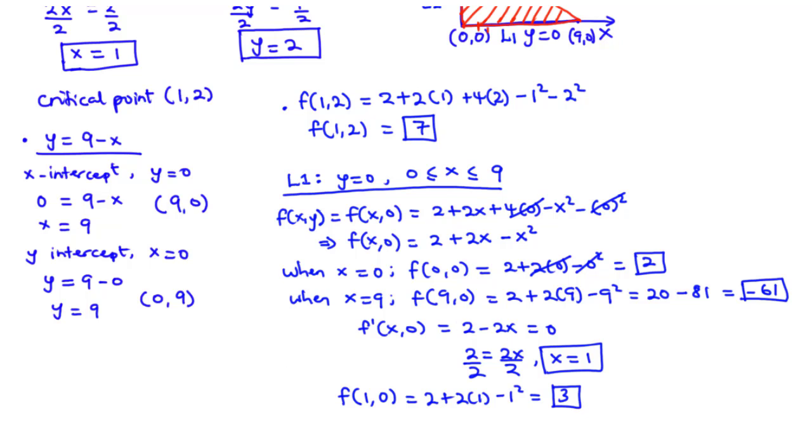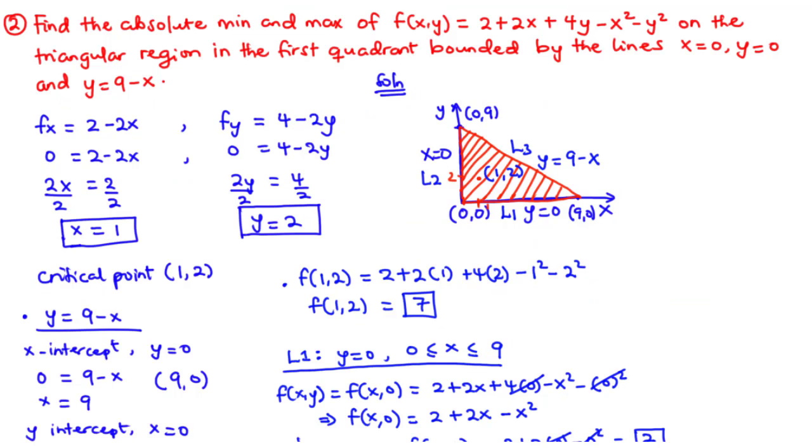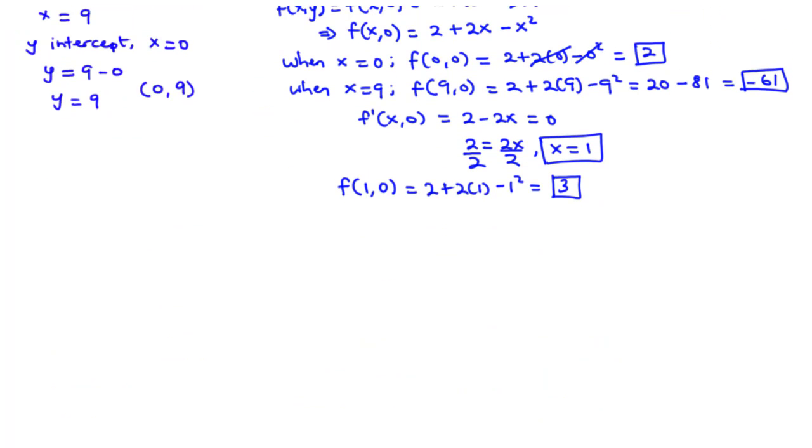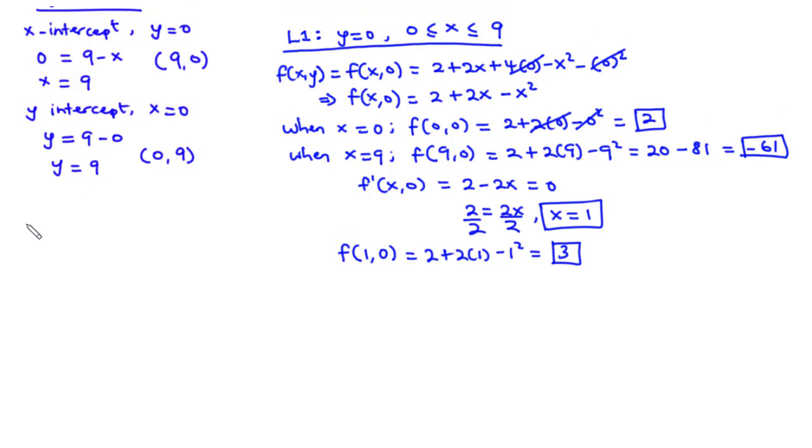Now let's move on to line 2. For line 2, we have x equal to 0, and y changes from 0 through to 9, so 0 is less than or equal to y is less than or equal to 9.